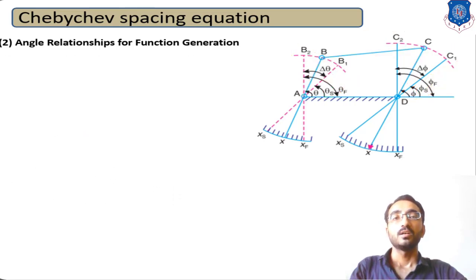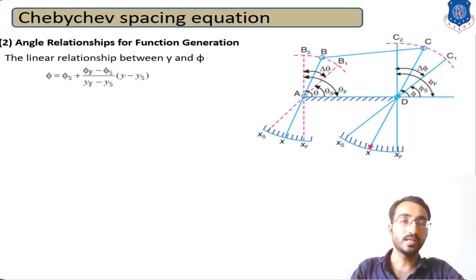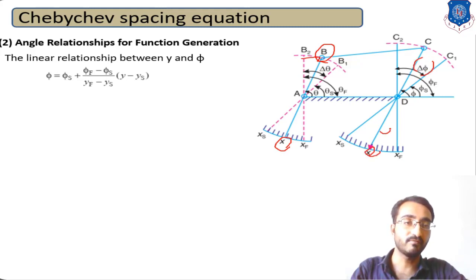Now to get the various positions of the output link, that is phi: as for the input link we consider the input motion as x, in the same way for the output link we can consider the output motion as y. For link AB we consider the distance as x, and similarly for the output link we consider the distance in terms of y, so here it will be phi y final, and here it will be y starting.